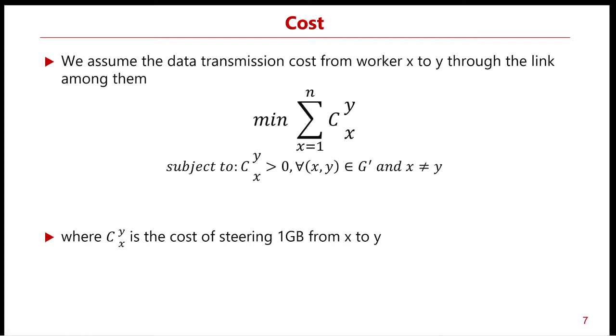We assume the data transmission cost from worker node X to Y through a link between them, and in the subset of selected nodes, the goal is to minimize the cost among all the chosen nodes. So C_XY is the cost of steering 1 GB of traffic from node X to node Y.